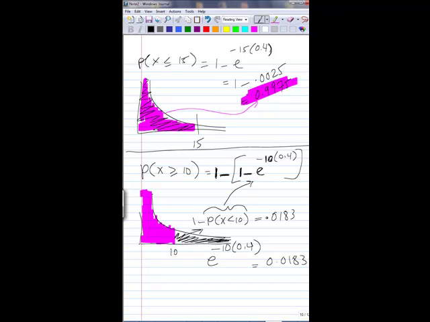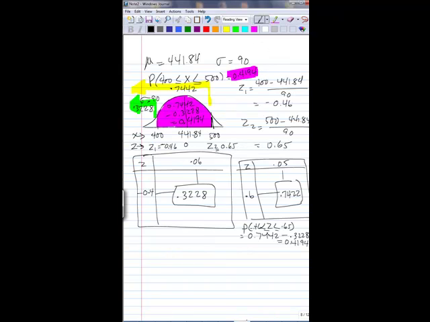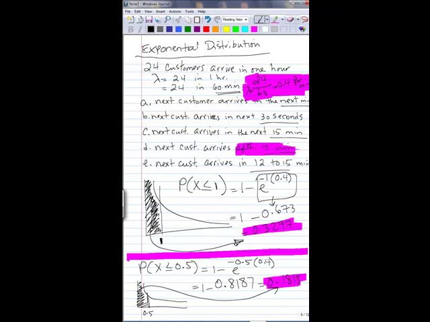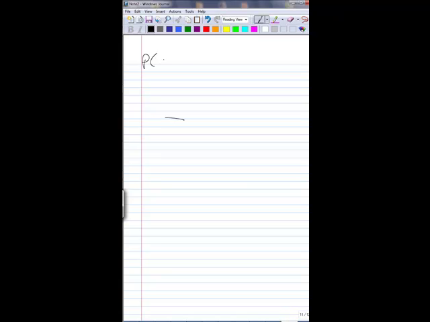Okay, and finally, the last part said, what is the probability that the customer will arrive in the next 12 to 15 minutes? So the probability that X is greater than or equal to 12 and less than or equal to 15 is what I'm after. Graphically, it's going to be 12 here, 15 here, and this is what I'm after.